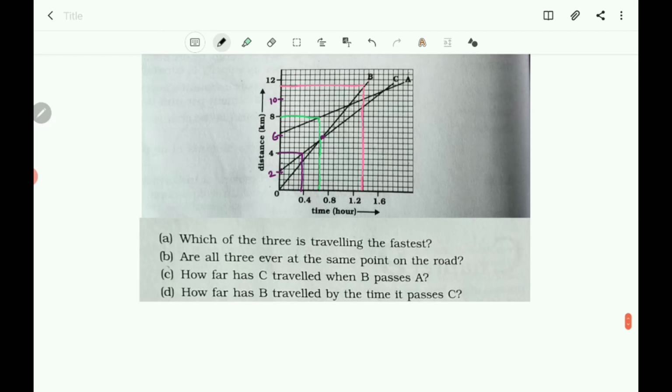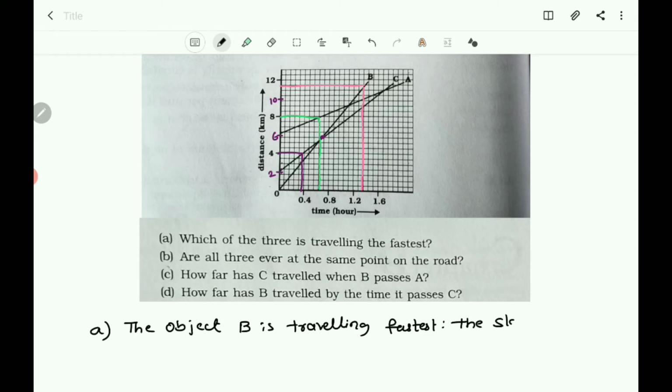So for the first question, the answer is: object B is traveling fastest because the slope of object B is maximum.